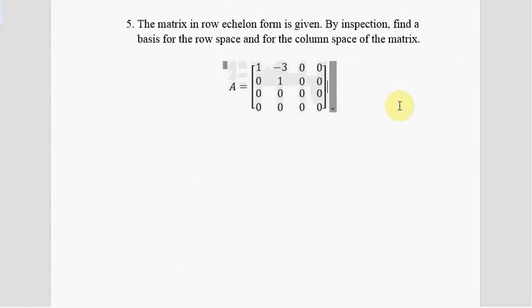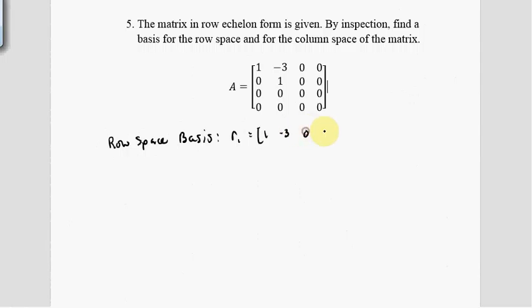Well, that's good for us because the work has been done on the graphing calculator. I look for my leading ones, and those rows become a basis for the row space. So here, the row space basis would be R1 and R2.